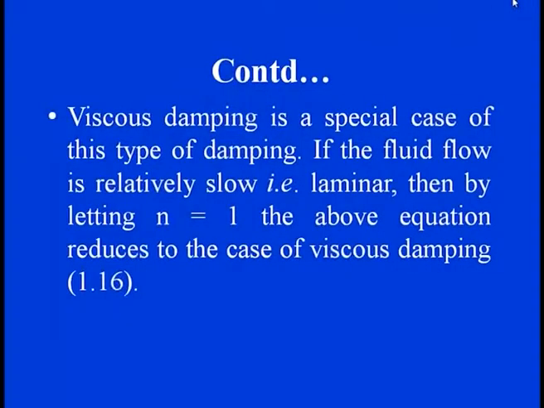And viscous damping in these cases is one of the significant damping types when fluid flows are there. If the fluid flow is relatively low in terms of the Reynolds number, that means laminar flow, then n equals 1, and whatever viscous features are there are absolutely due to viscous damping.